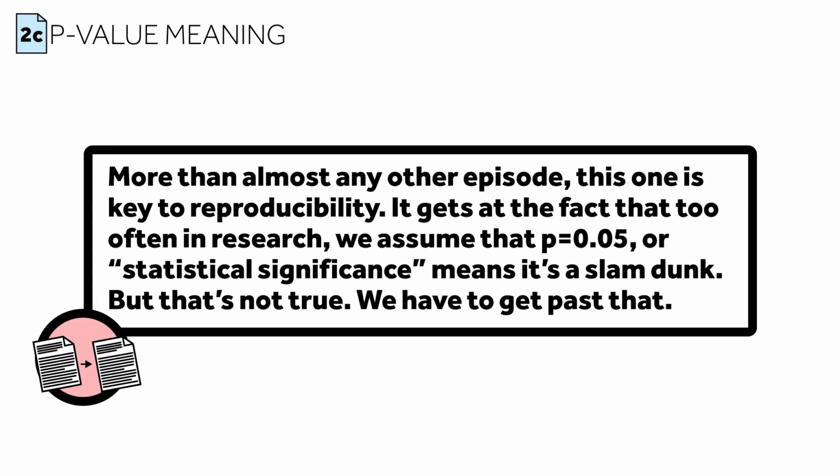More than almost any other episode, this one is key to reproducibility. It gets at the fact that too often in research, we assume that p equals 0.05 or statistical significance means it's a slam dunk. That's not true. We have to get past that. Even results that meet the threshold of p equals 0.05 need to be retested again and again to make sure that they're correct.